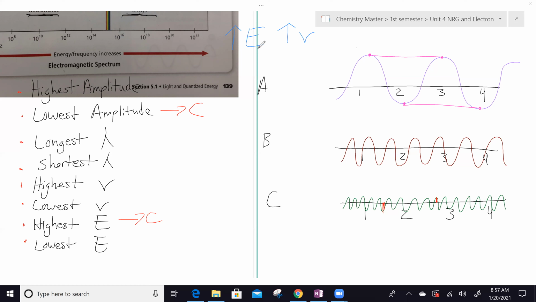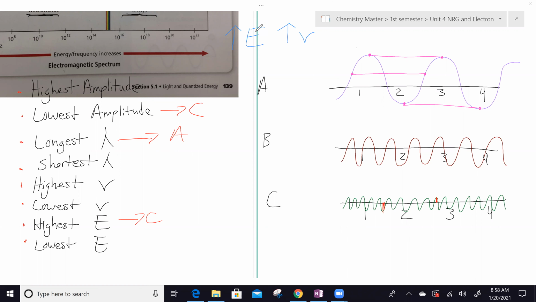But technically, it's any identical points on the wave. So technically, I could go from here to here, but it's harder to see. It's easy to go from the bottom to the bottom or the top to the top. So she is correct. The longest wavelength is A. Very nice.